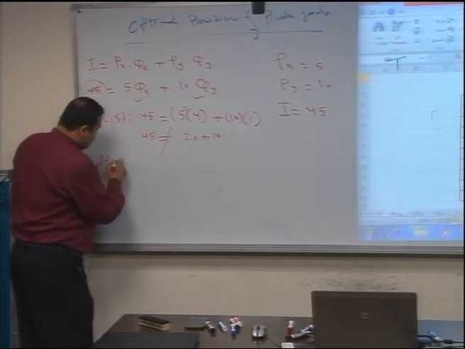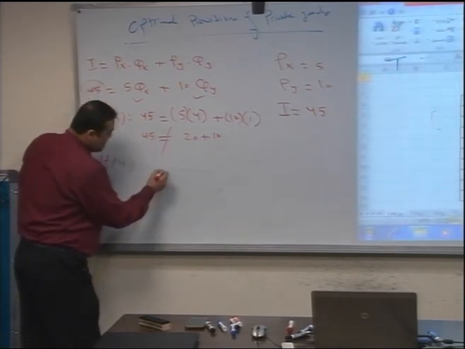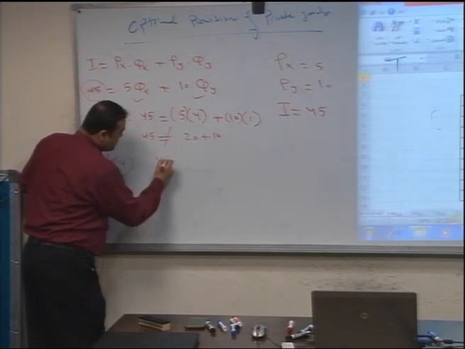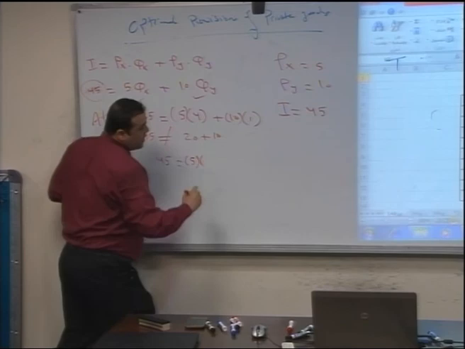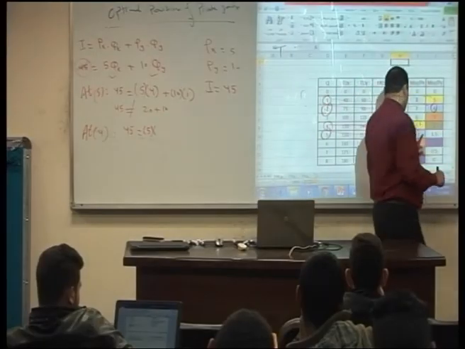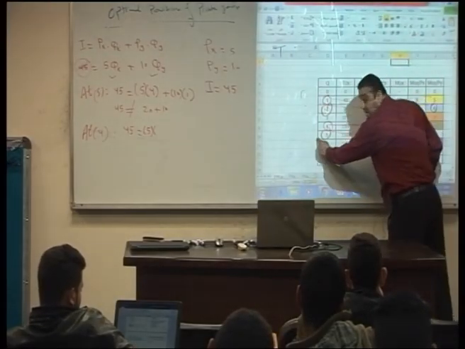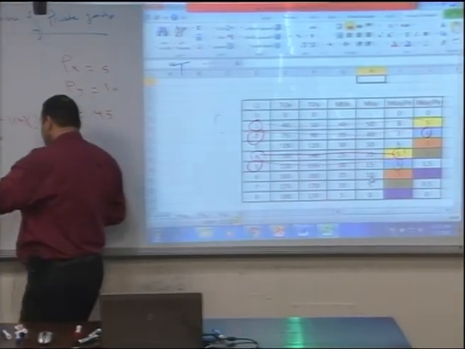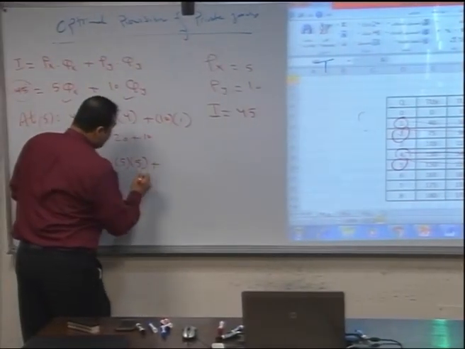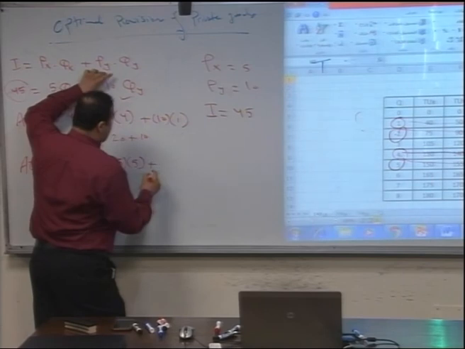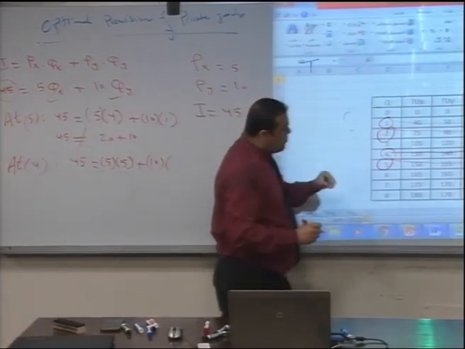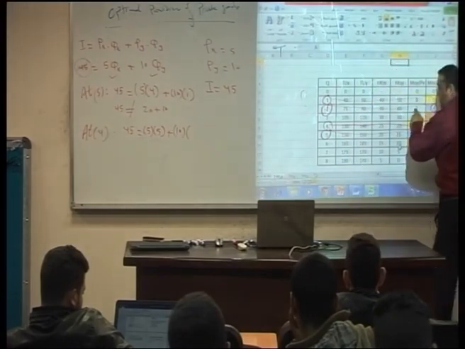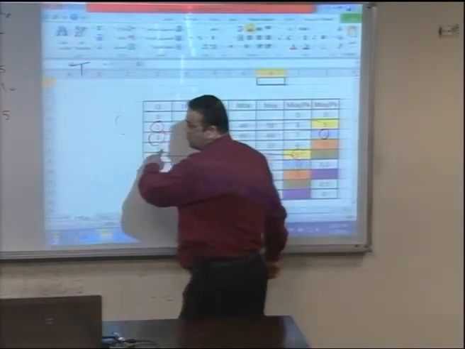At 4, 45 must equal 5 times 5, right? Plus 10, constant in the formula, times the quantity of Y at 4, equals 2.